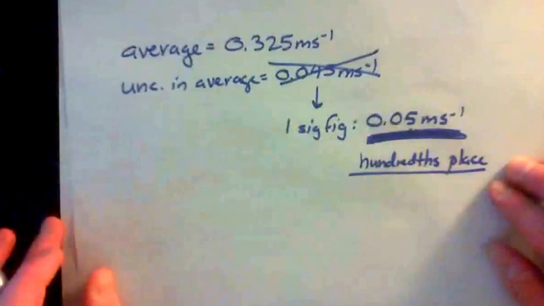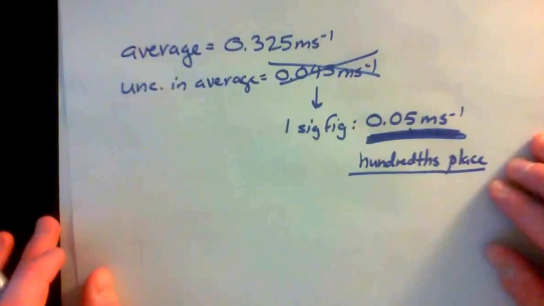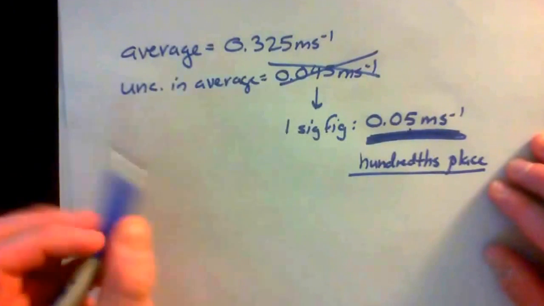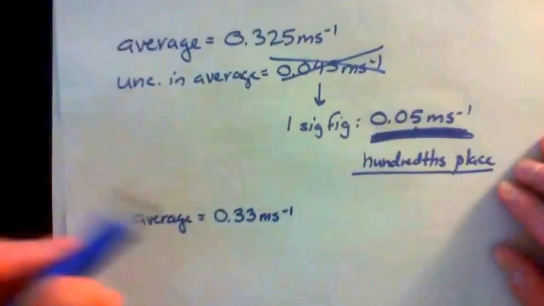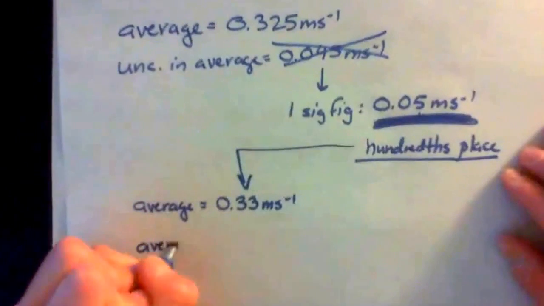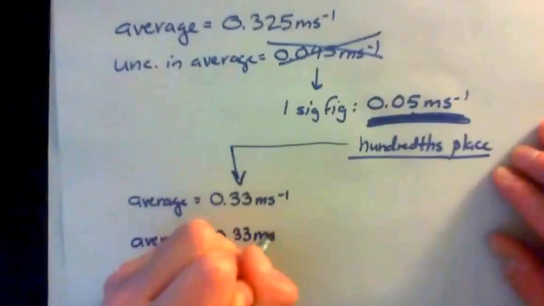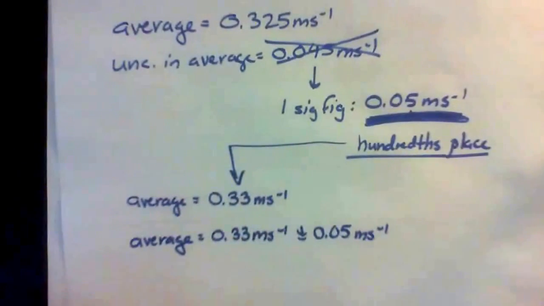The last decimal place of the measurement has to be the hundredths place, in other words. So our measurement, the average, becomes 0.33 meters per second. So the final answer is 0.33 meters per second plus or minus 0.05 meters per second. And that is our average and the uncertainty in the average.